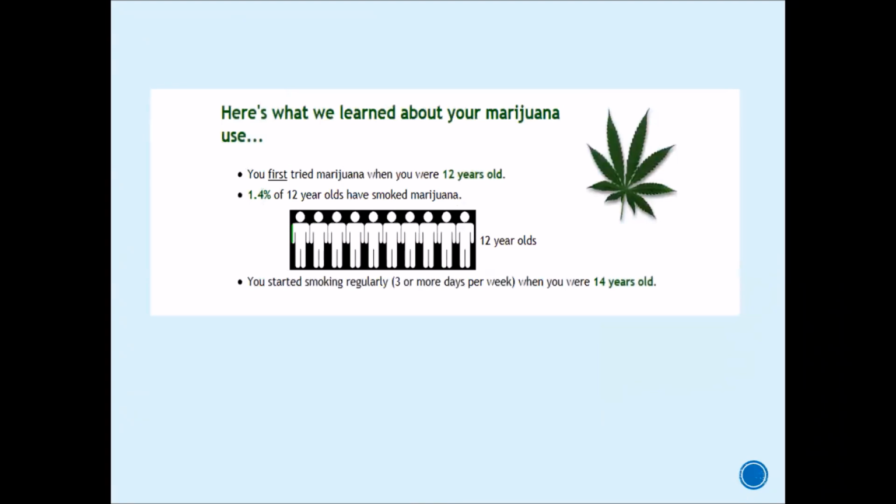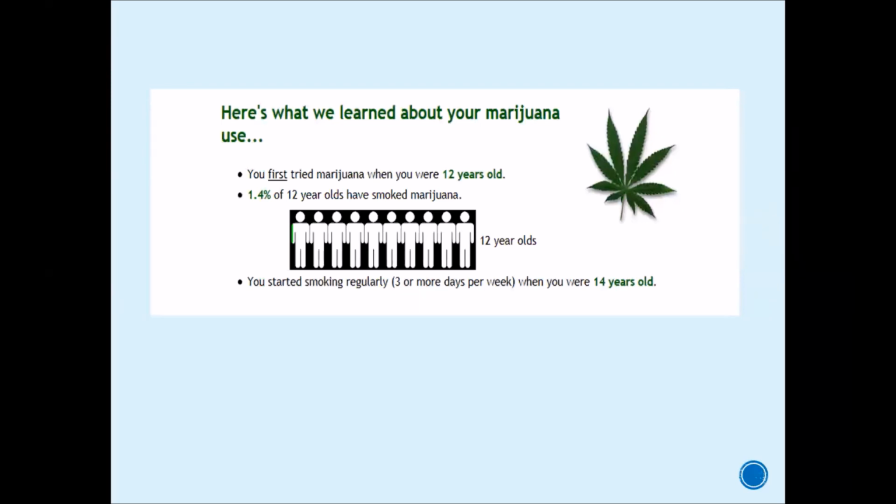One of the first pages that we talk about reviews, again, their pattern of use. And we report how old they reported they were when they first tried marijuana. And then we provide that first piece of normative feedback. So this page, I might introduce it as, this really summarizes what you told us about your use pattern.